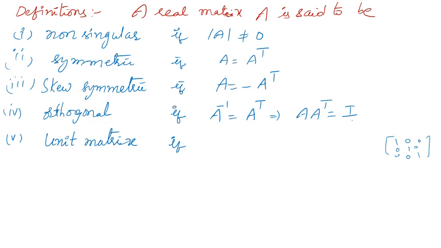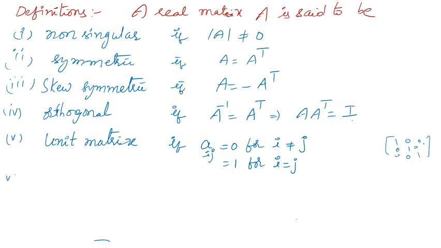Then mathematically, how can we represent Aij? These are entries A11, A12, A13, A21, A22, A23, like that. Aij is equal to 0 for i not equal to j, and equal to 1 for i equal to j, correct? This is the mathematical representation.